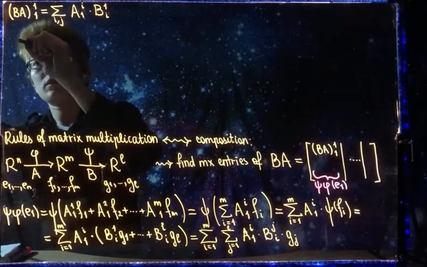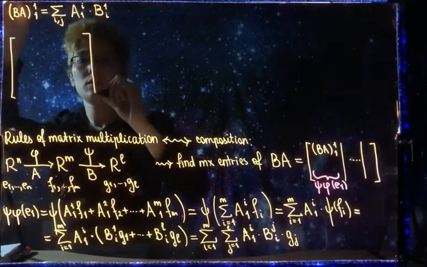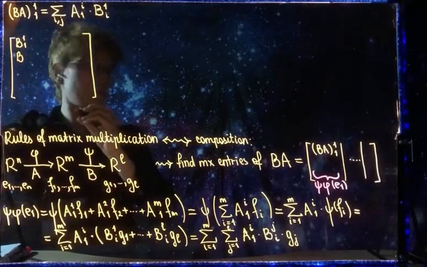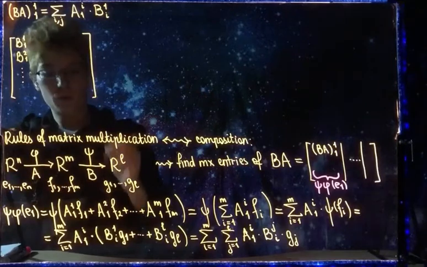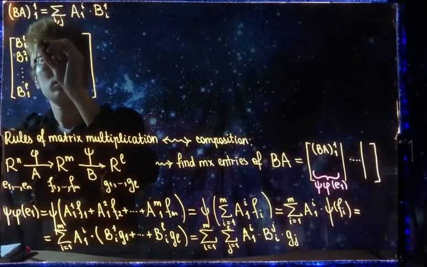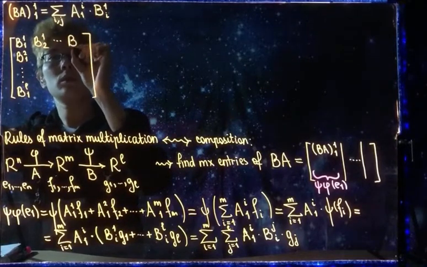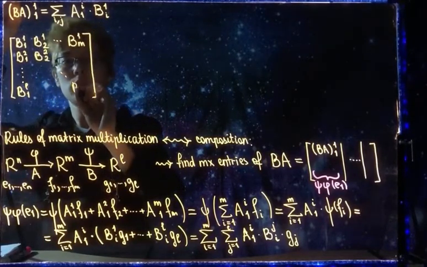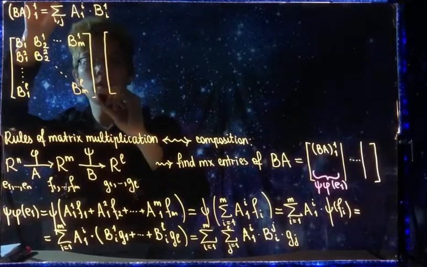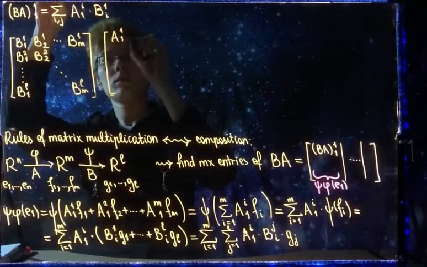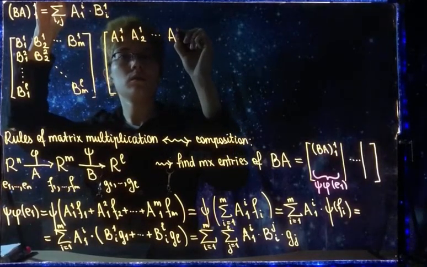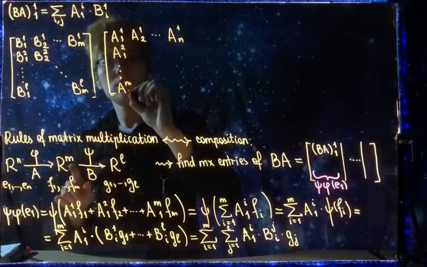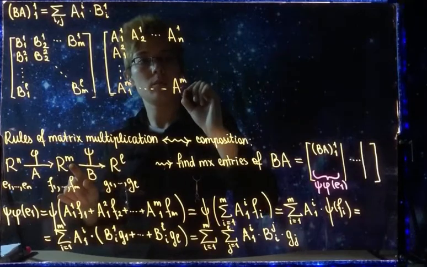And so if we write B and A as matrices, that B11, B21, etc. through BL1, B12 through B1M, B22, BLM, times the matrix A, M1, AMN.